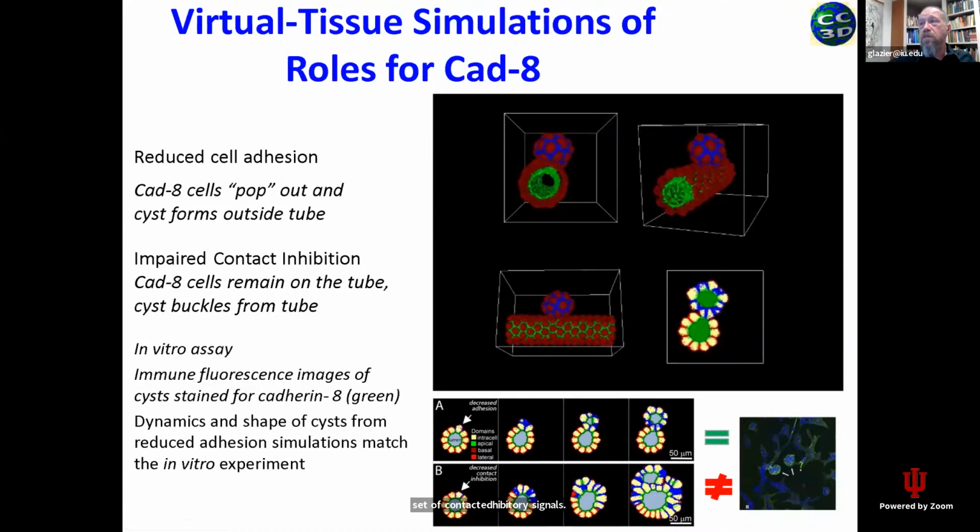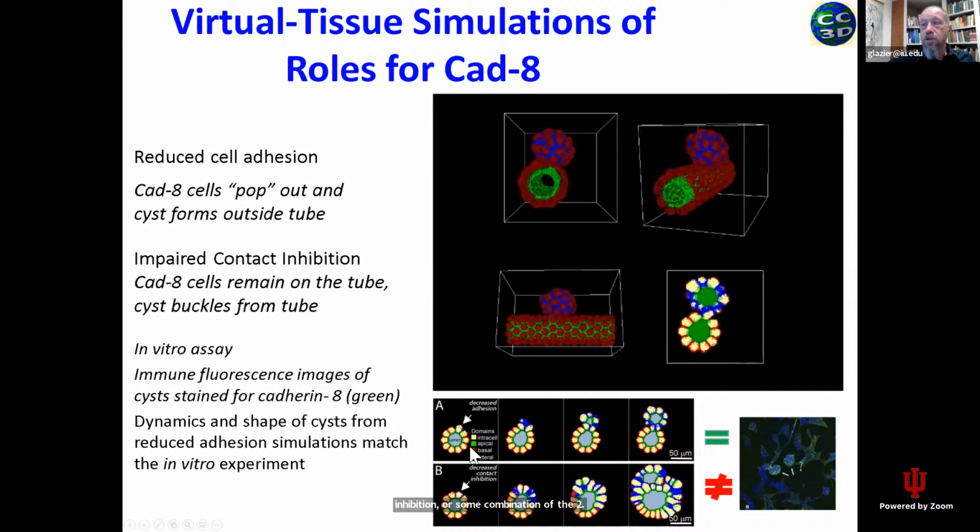You imagine an experiment where you transfect a single cell with an ectopic cadherin, in this case cadherin 8, which is a juvenile cadherin. And we made various hypotheses about what that cadherin could be doing. It could be changing cell-cell adhesion directly. It could be changing the mediation of contact inhibition, or some combination of the two.